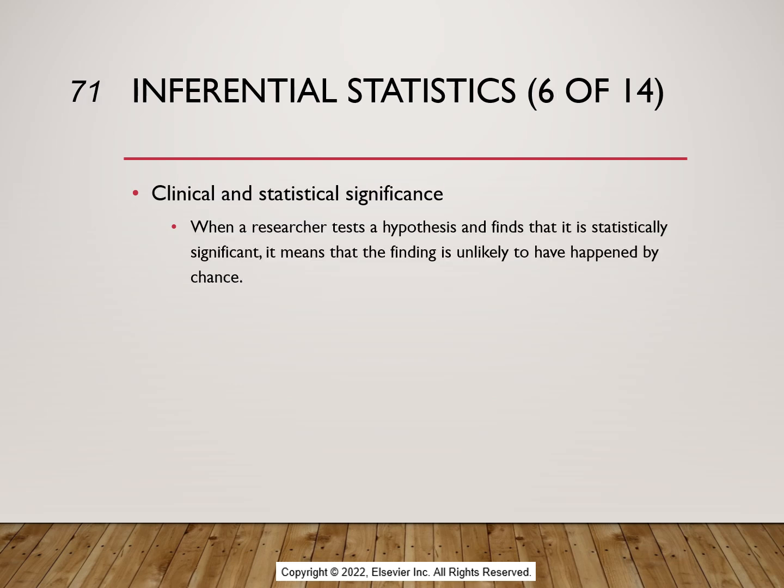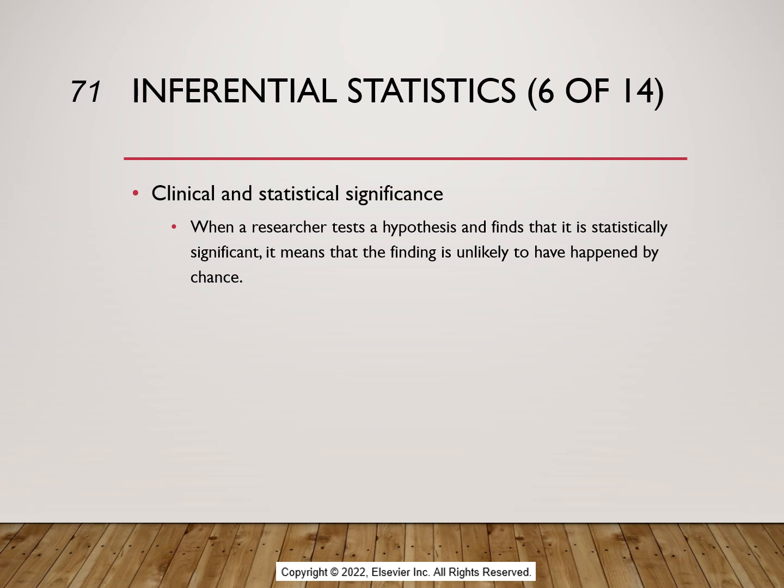We also should talk about the difference between a clinical and a statistical significance. When a researcher tests a hypothesis and finds that it is statistically significant, it also means that the finding is unlikely to have happened by chance.